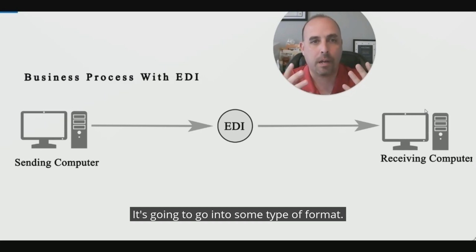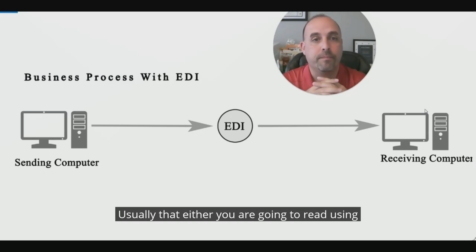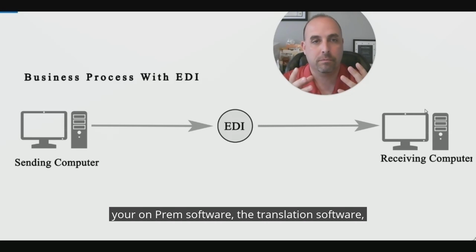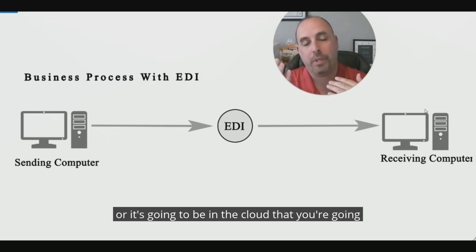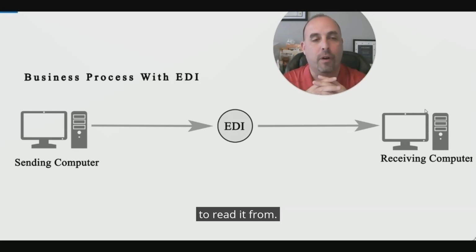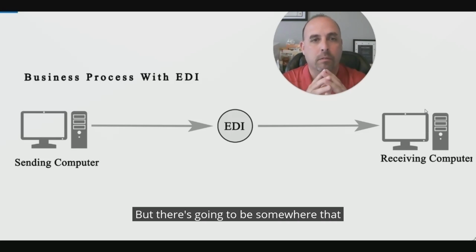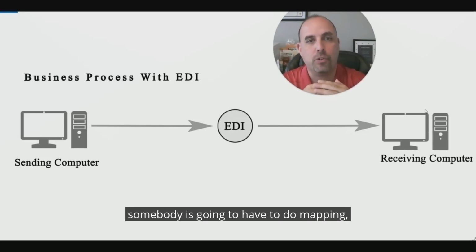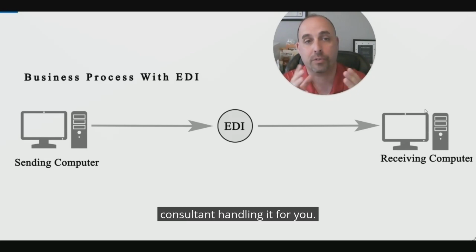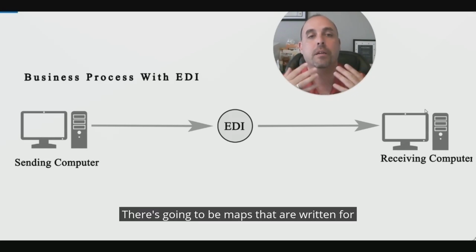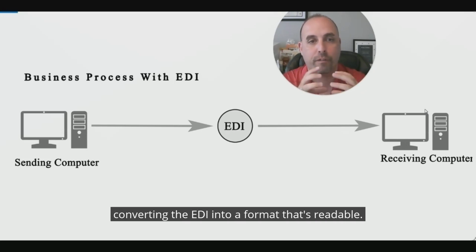It's going to go into some type of format that you're going to read using your on-prem translation software, or in the cloud. But somewhere, somebody's going to have to do mapping, whether it's you, a third party, or a consultant handling it for you. There are going to be maps written for converting the EDI into a format that's readable.